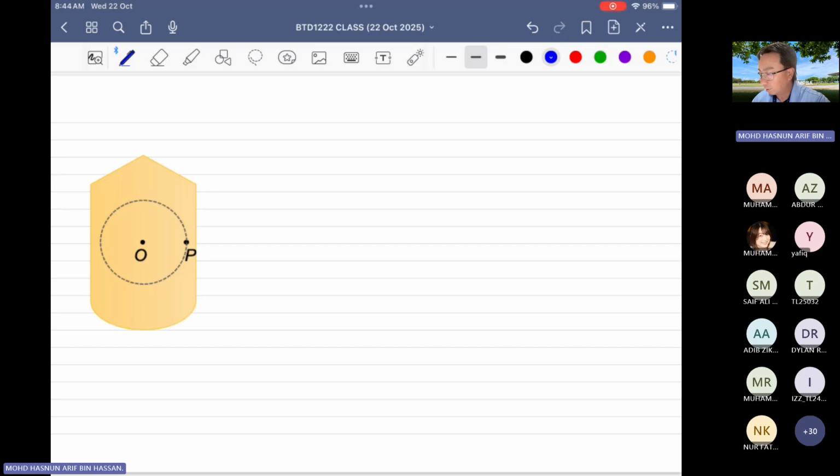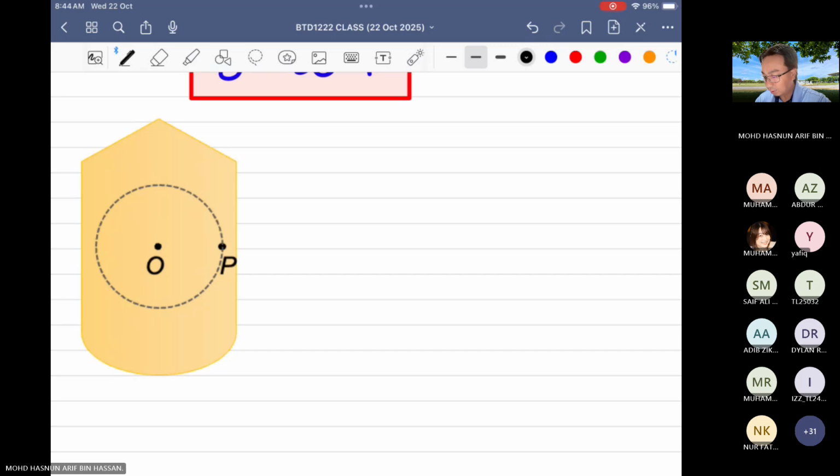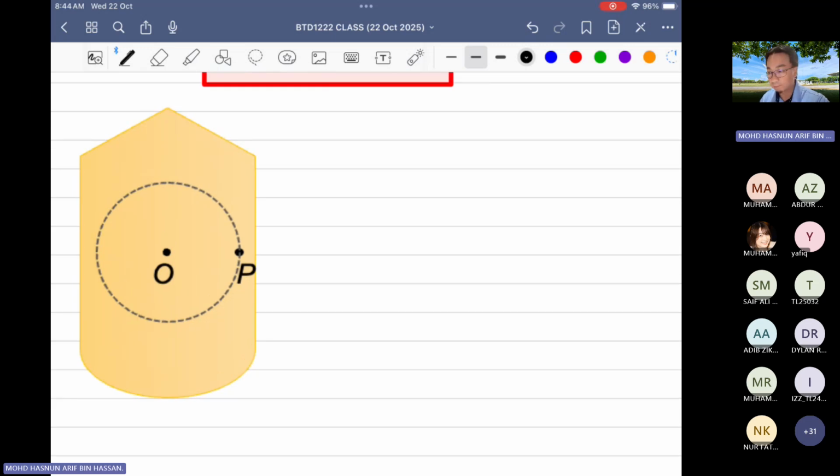Basically, what we want to know now is how the equation V is equal to omega times R is derived, just for your information. Here you can see there is a point. I'm going to zoom in. There is a point P, and we have the center point O.